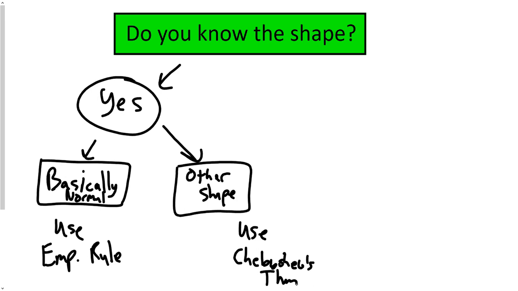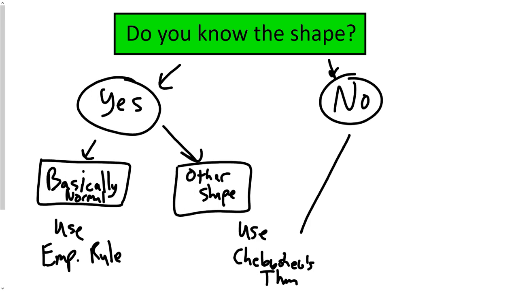If you don't know the shape, use Chebyshev's theorem. So the only time you can use the empirical rule is if you actually know that it's basically normal. Okay?